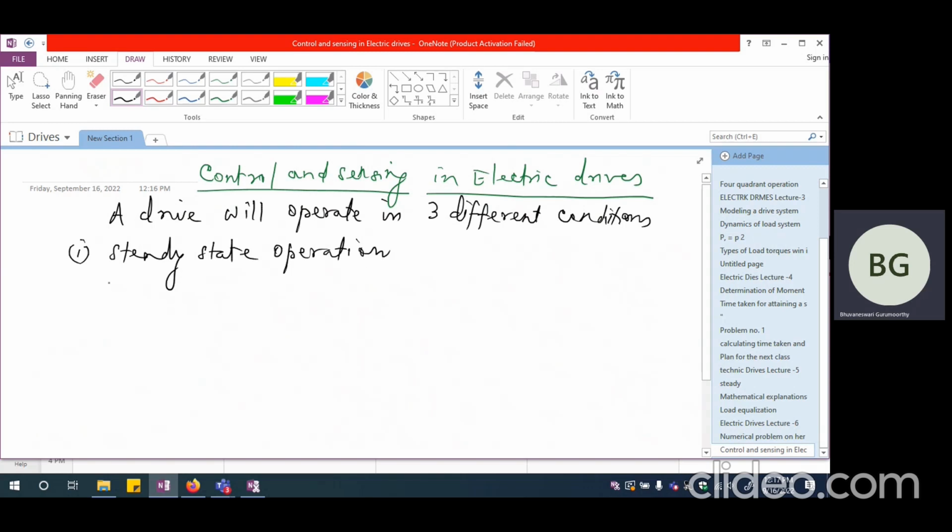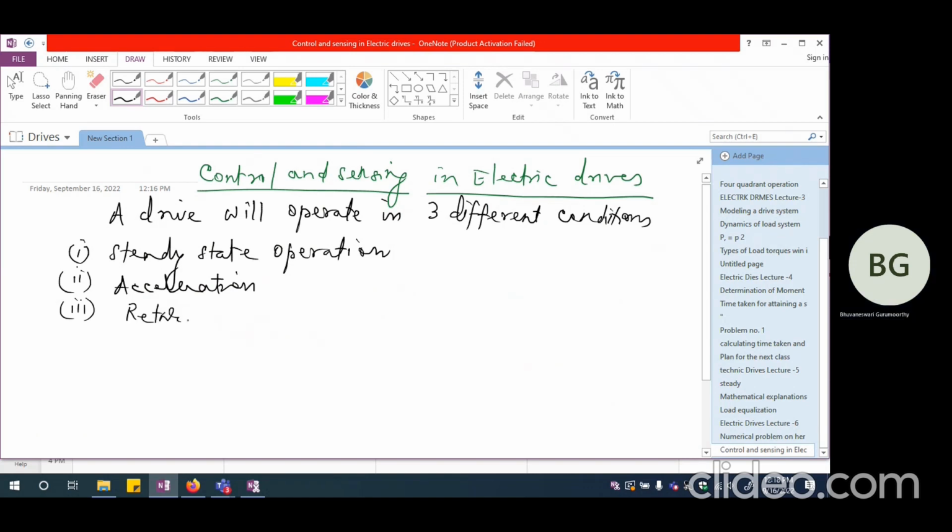So this is the first thing. The second thing is maybe acceleration. Whenever I want to increase the speed of the drive from a particular value to another value very quickly. So acceleration. So this is again a transient operation. Similarly, retardation or deceleration. So these two are transient operating conditions.